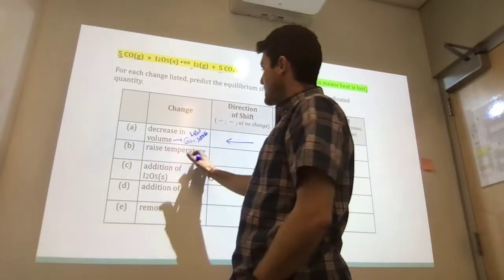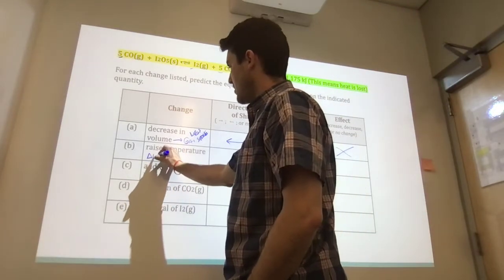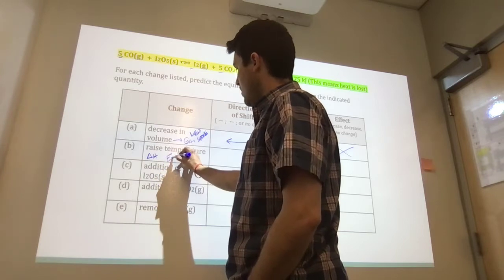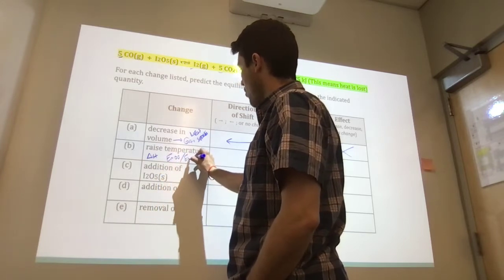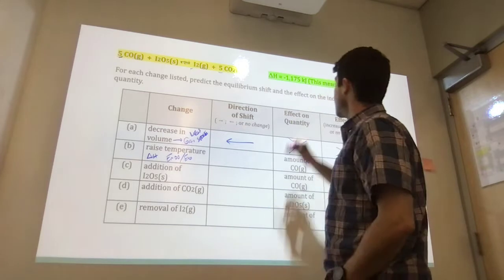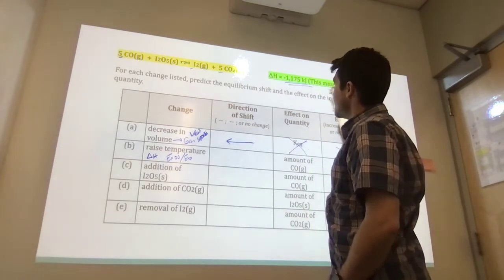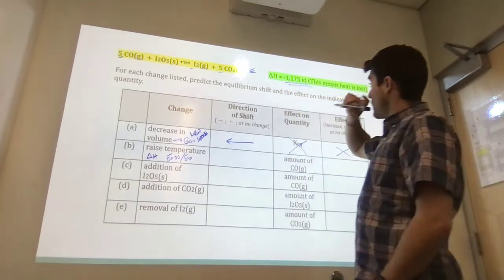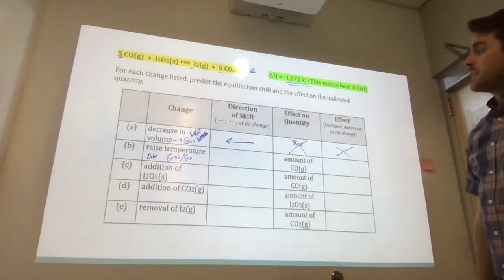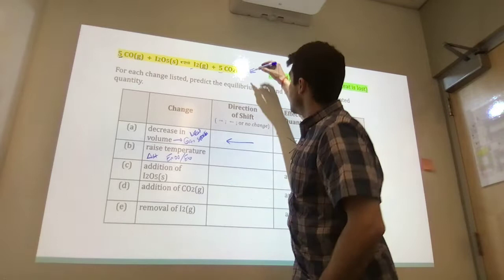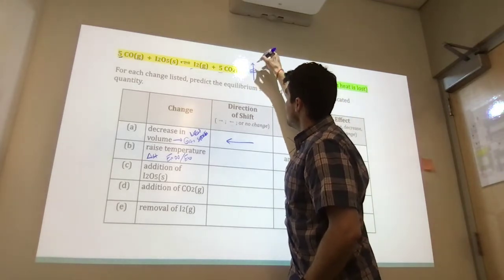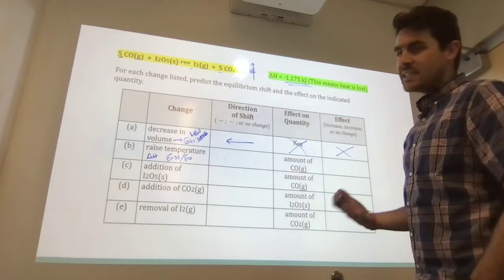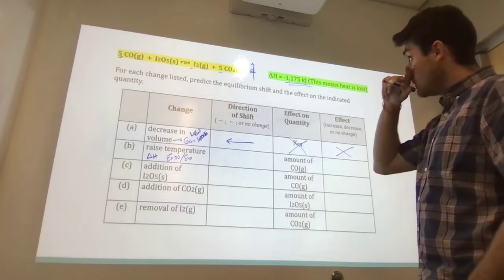Now, B says, raise the temperature. I'm talking about delta H here. I'm talking about endo/exothermic reactions. And this up here, negative, tells me that the energy is over here, that this is a forward exothermic reaction. So I increase the temperature. System says, oh yeah, give me more heat, I will use it.